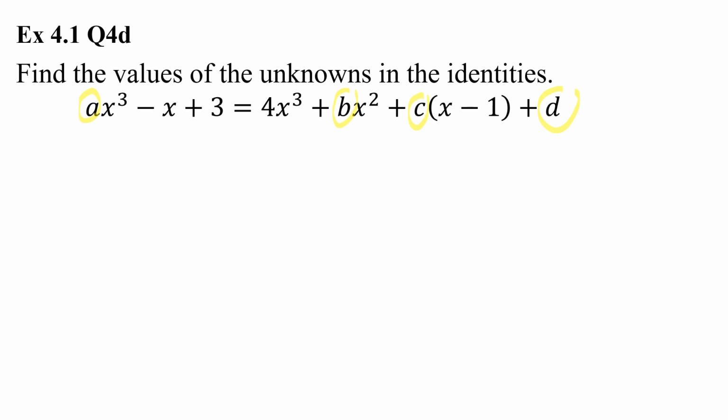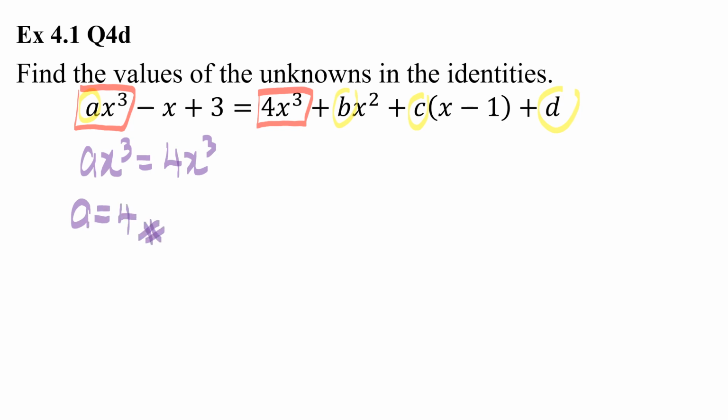Because if you look at the left hand side, there's only a term involving x cubed, ax cubed. And on the right hand side, there's also only a term involving x cubed. So therefore we can just equate ax cubed on the left with 4x cubed on the right, and you will get a equals 4.